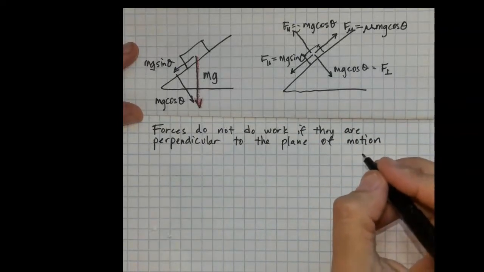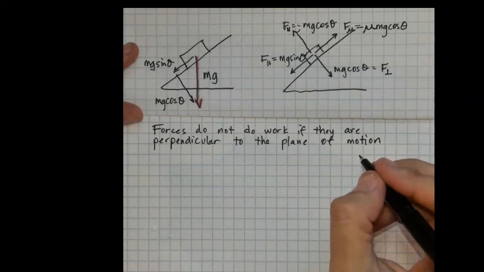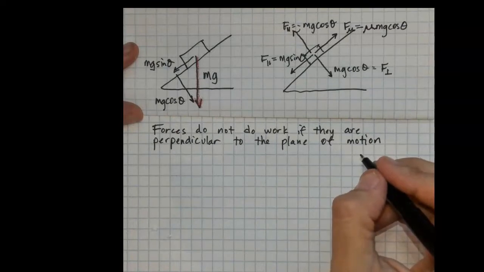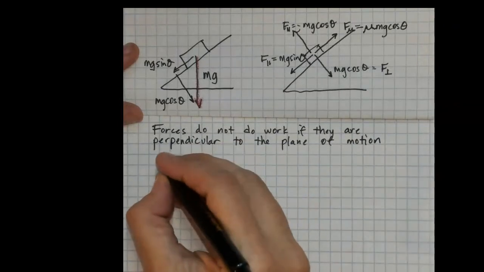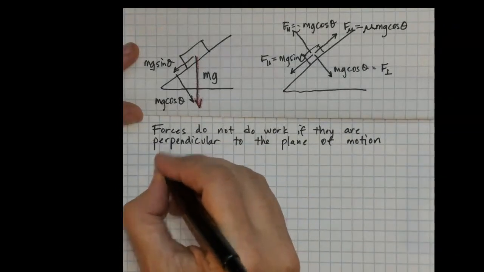The work is only done along the plane of motion. Remember, work is force times displacement. So if the normal force is perpendicular to the plane of motion, it does no work. So the work done by the normal force is 0.